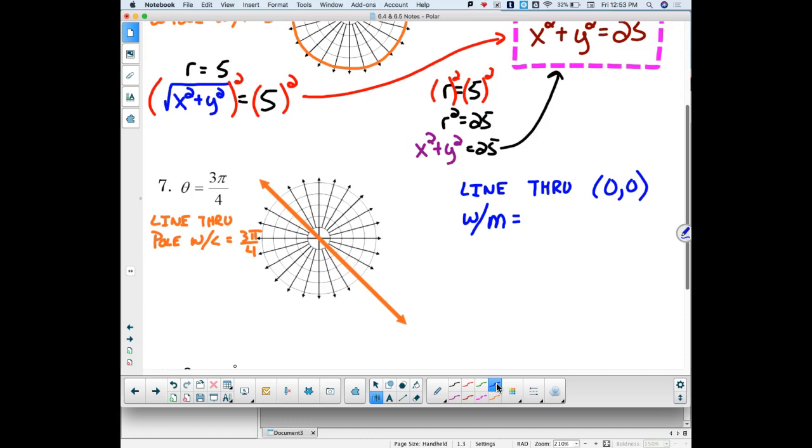Somebody just whispered it. -1? Right? So what's the equation y equals mx plus b of a line through that with that?